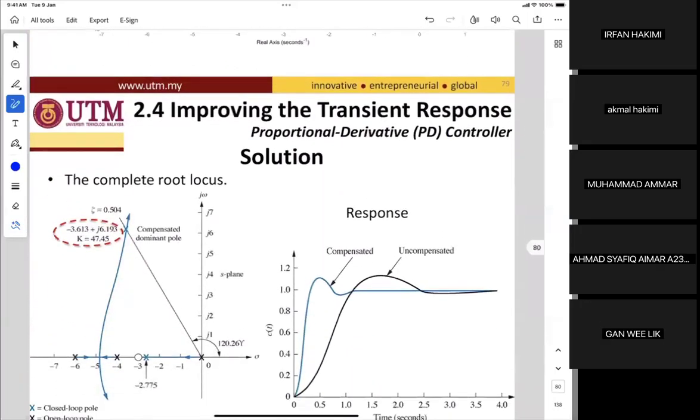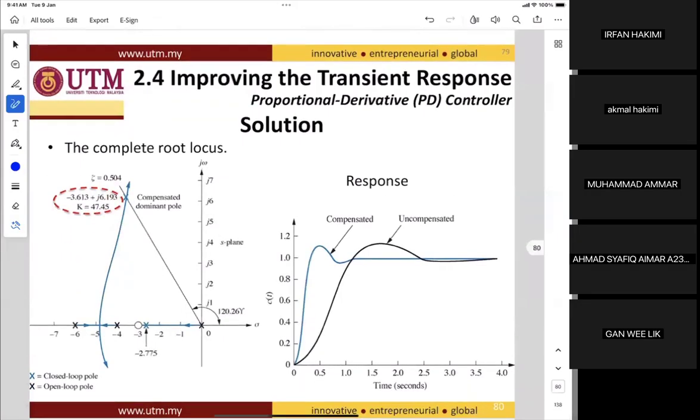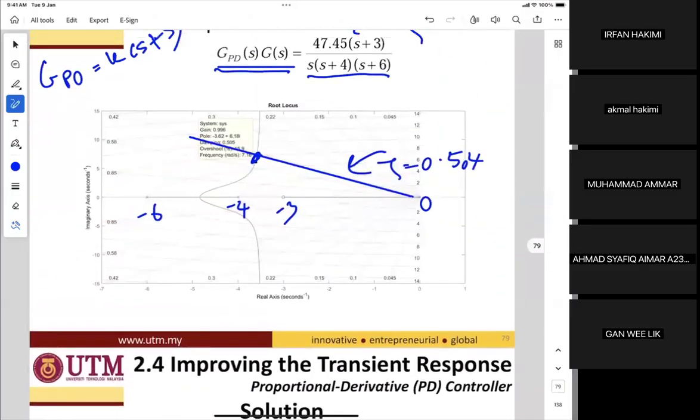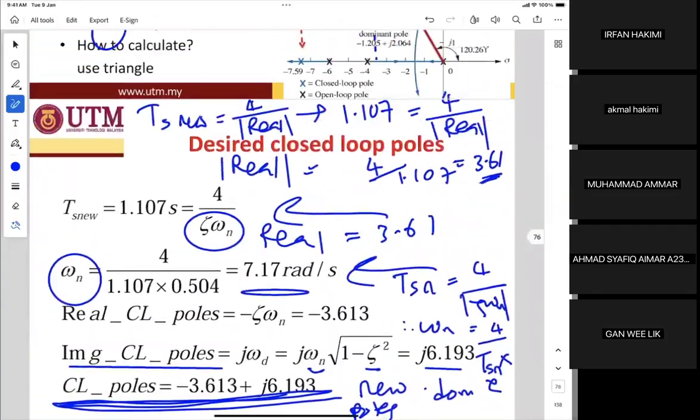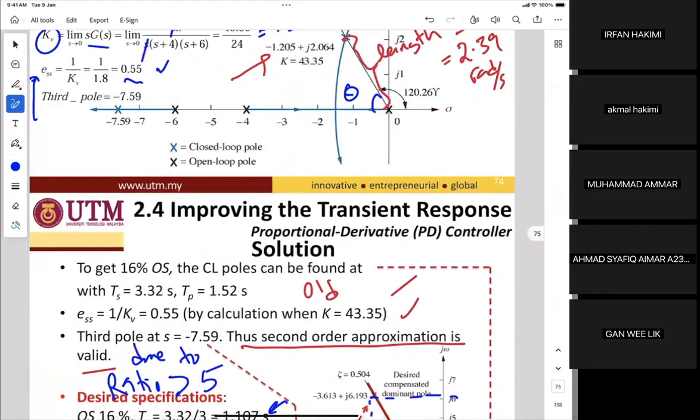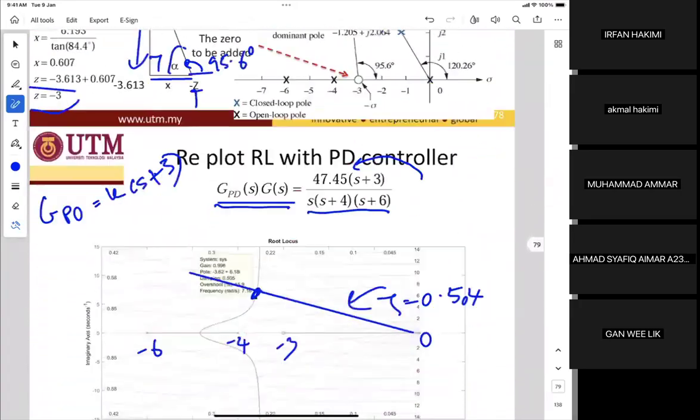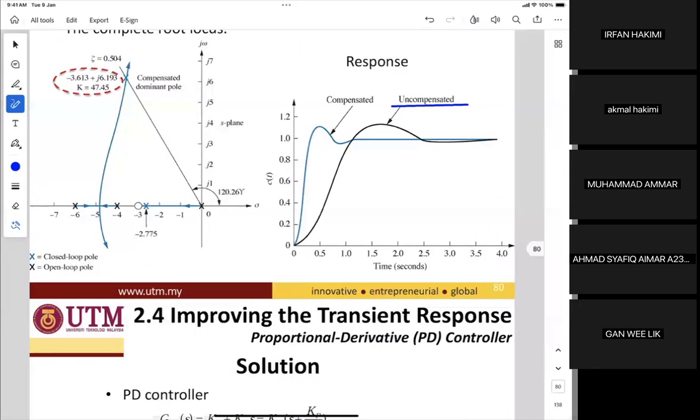As a result, when we introduce the PD controller, the uncompensated settling time was, what was it? 3.32, am I right?